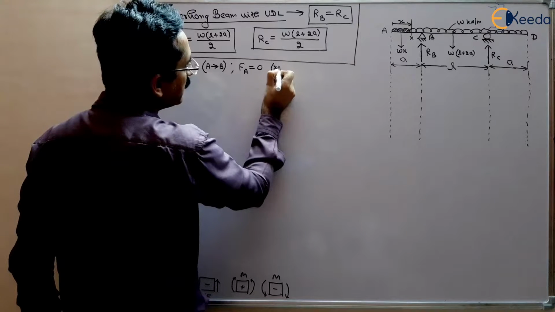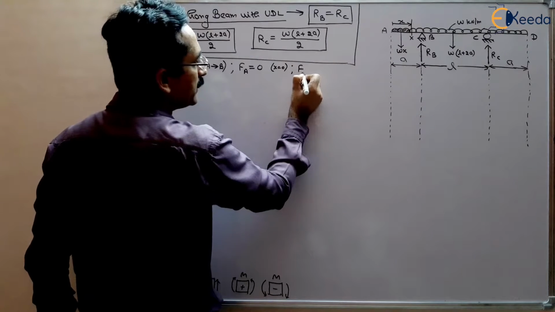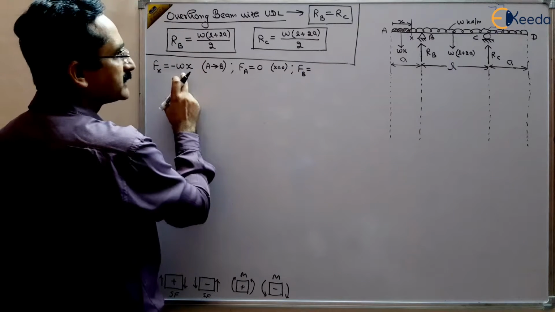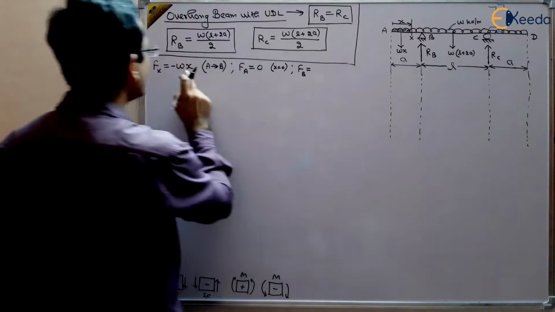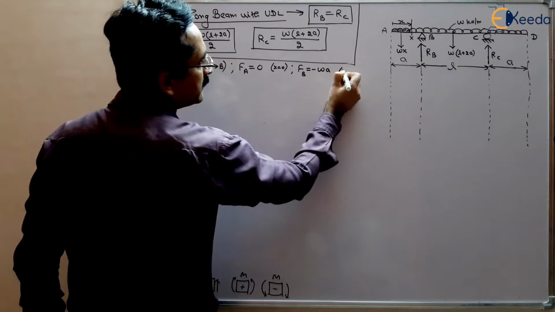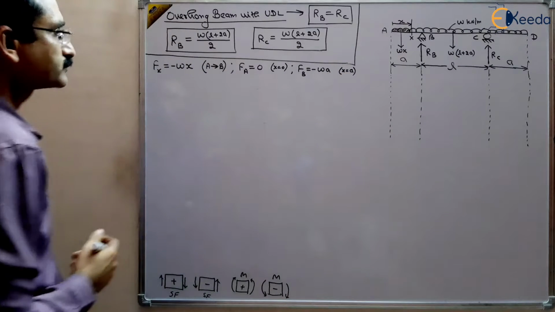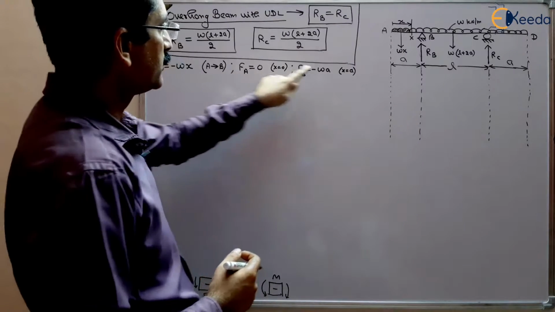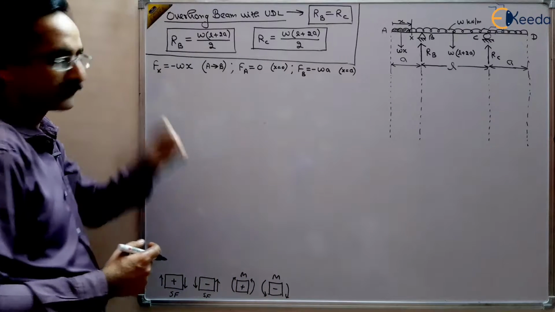And what is Fb? Put the value here, x will become a. So this will be minus Wa. So this is Fa and Fb. From 0 to minus Wa it is varying in a linear fashion, minus Wx, linear fashion.